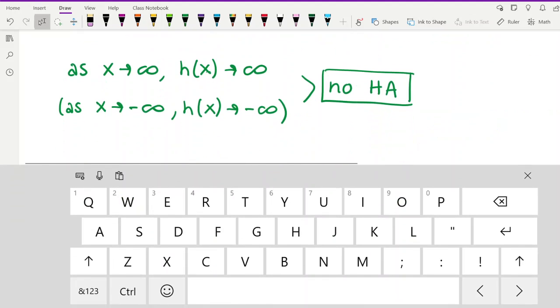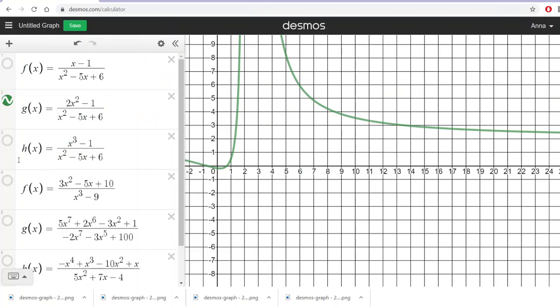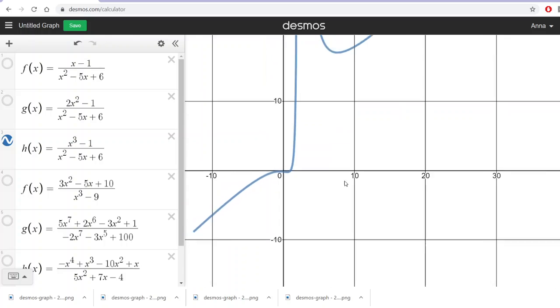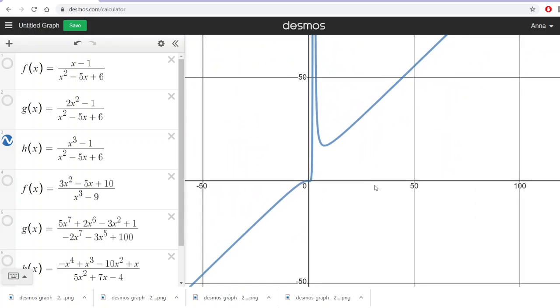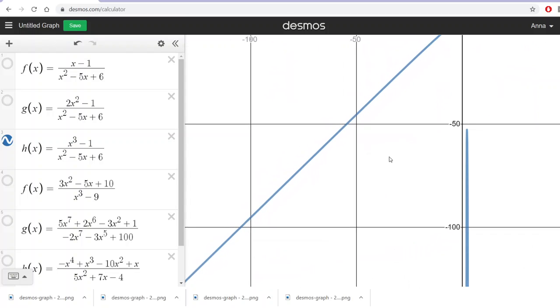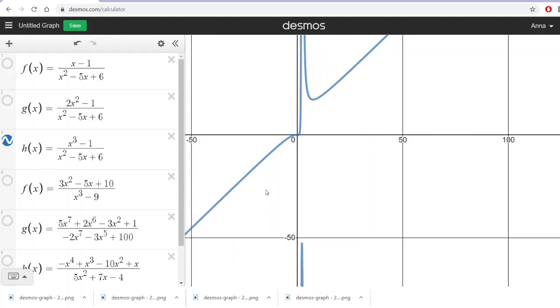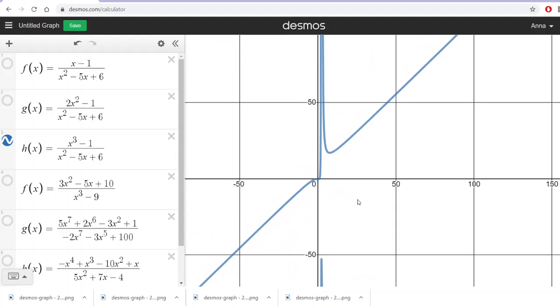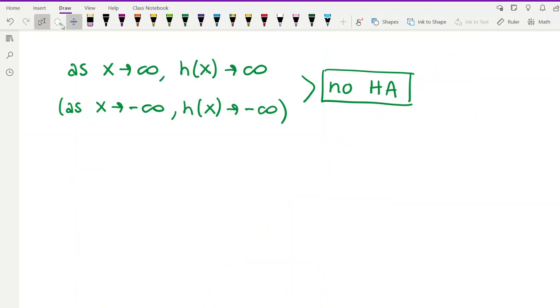So let's take a look at what the graph of this one looks like. So that's this one here. So this one we can see when x gets bigger and bigger, it goes up to the right. When x gets smaller and smaller, it goes down to the left. And so we can see that there is no horizontal asymptote. The function does not level out and settle down to a particular value.